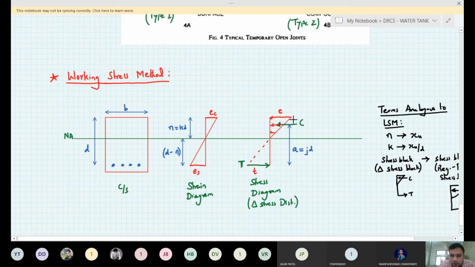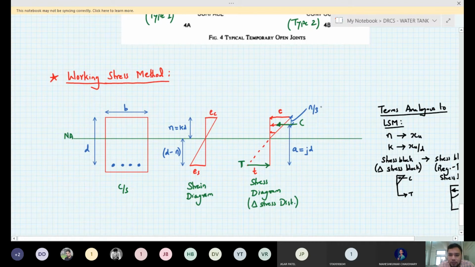And this distance from here to here will be n by 3, because this is a triangular stress block. So the CG of the force, the center of this, will be at n by 3.